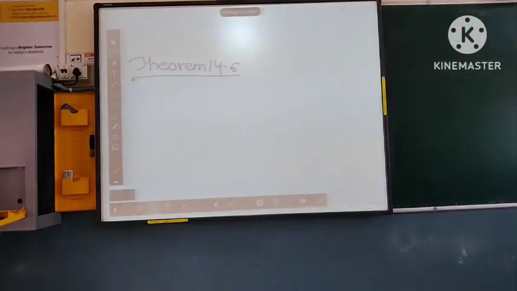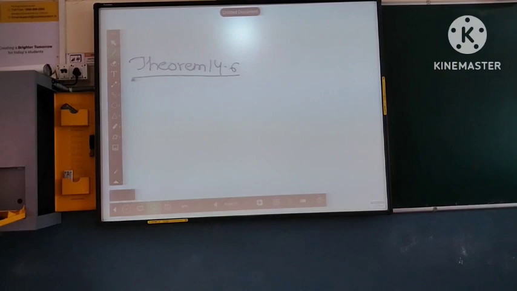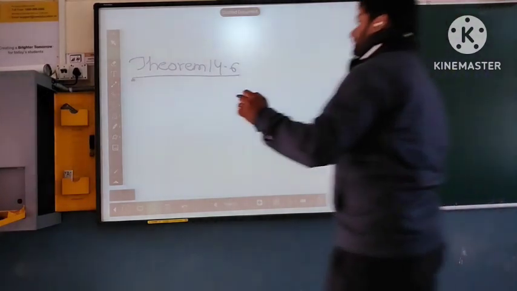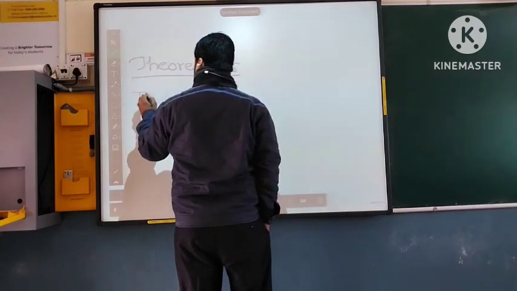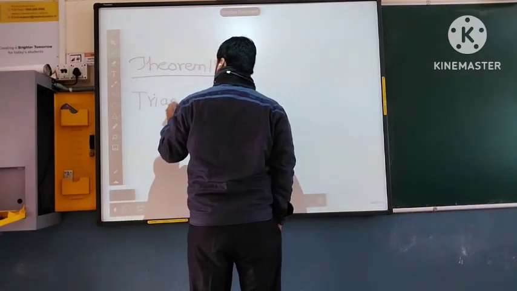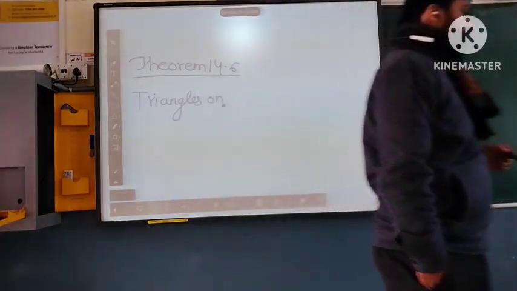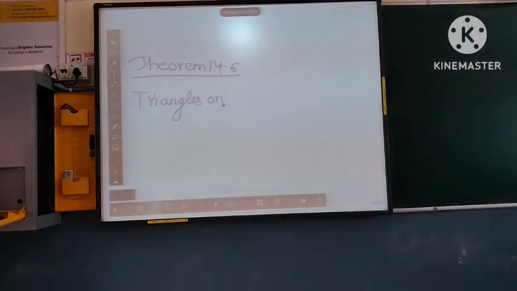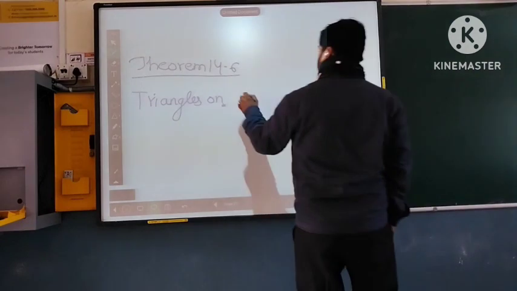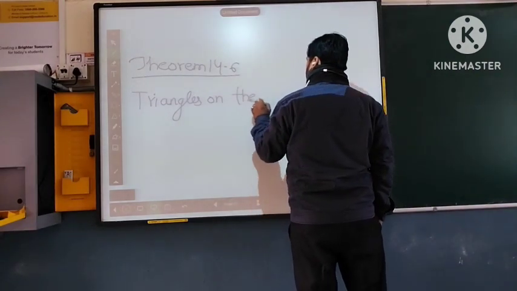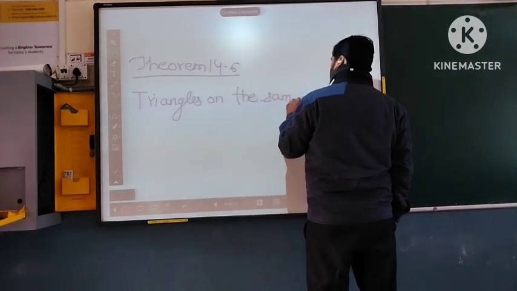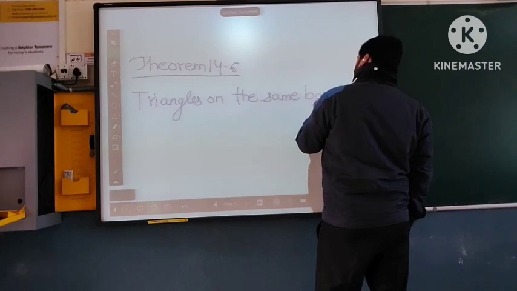Theorem 14.6. What does it say? Theorem 14.6 says triangles on the same base. It is just like theorem 14.5 only. I told you initially also that there are three parameters: parallelograms or triangles, same base, same parallels and equal area.